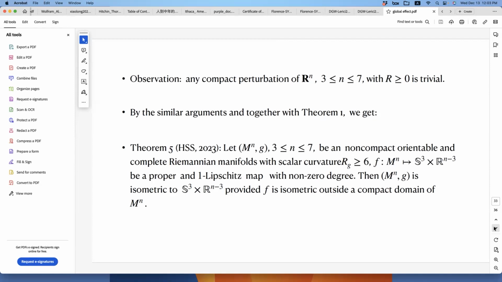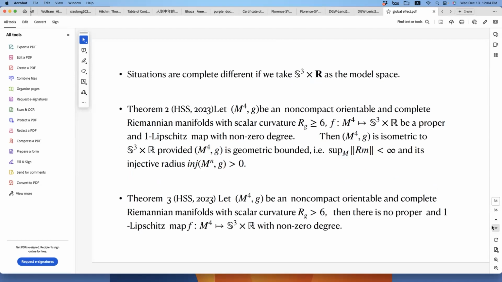Now I should finally tell you that the situation is completely different if we use S^3 × R as a model space.